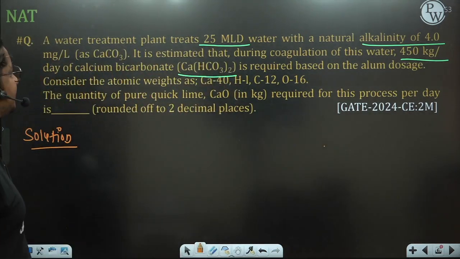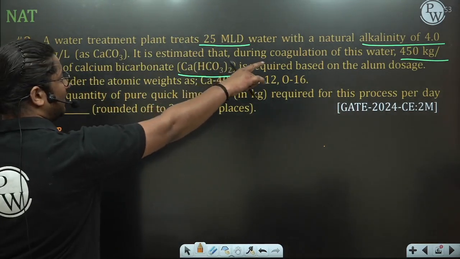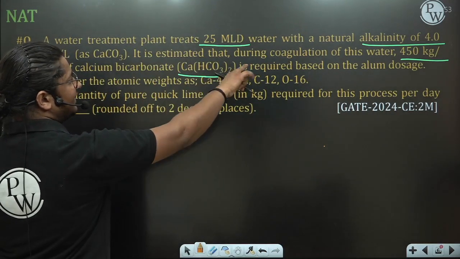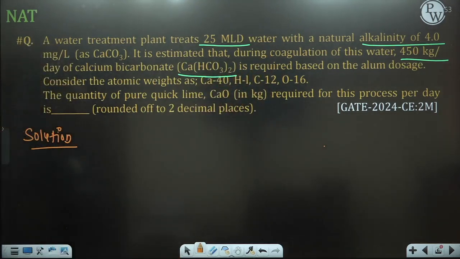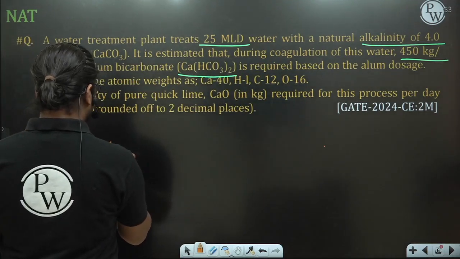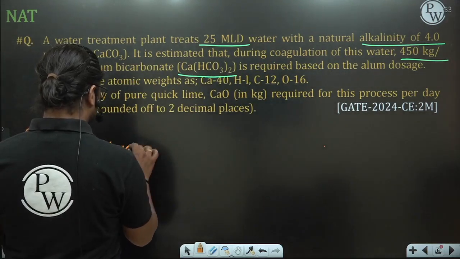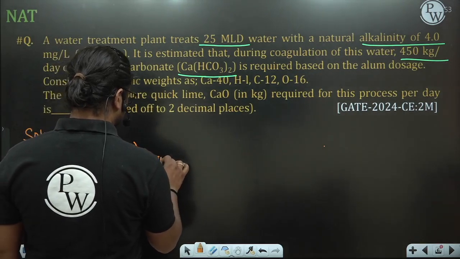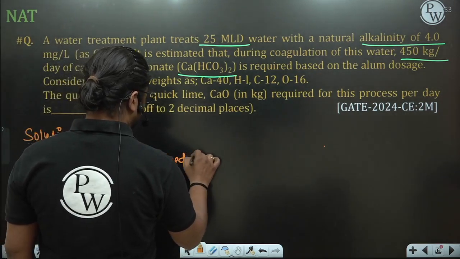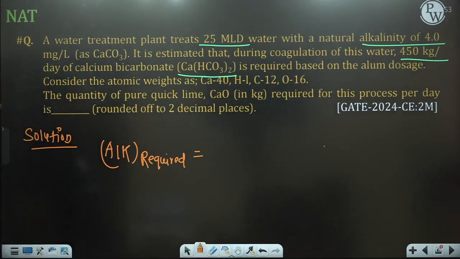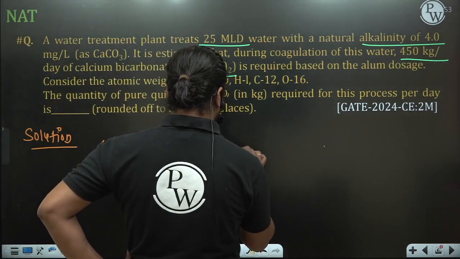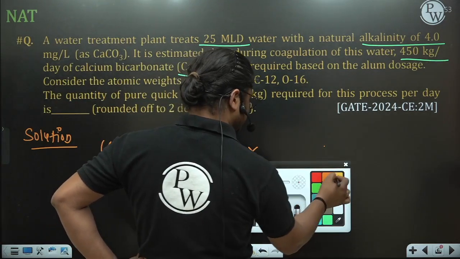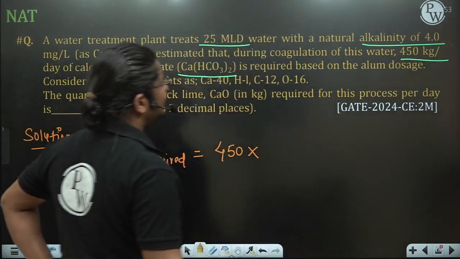First thing first, it is estimated that during coagulation of water, 450 kg per day of calcium bicarbonate is required based on the alum dose. So alkalinity required, how much we have? 450, that is the alkalinity required.